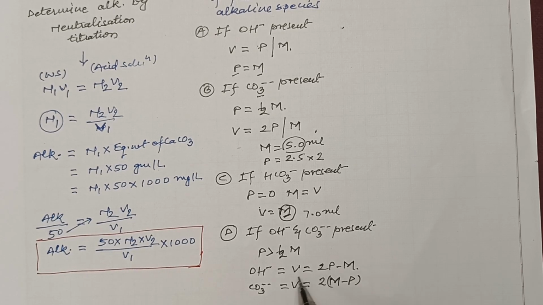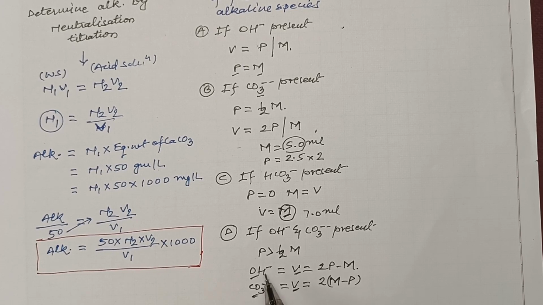So this V is the volume of acid, and both these two volumes are consumed by the OH ion and carbonate ion.